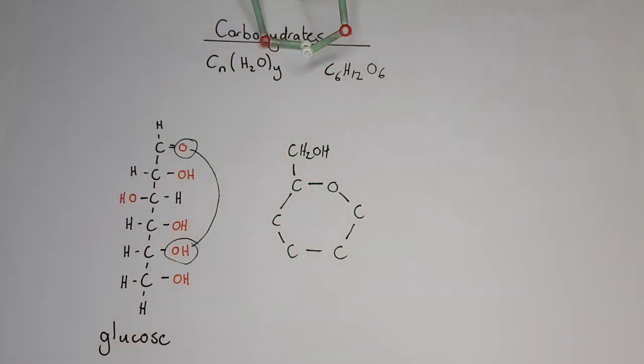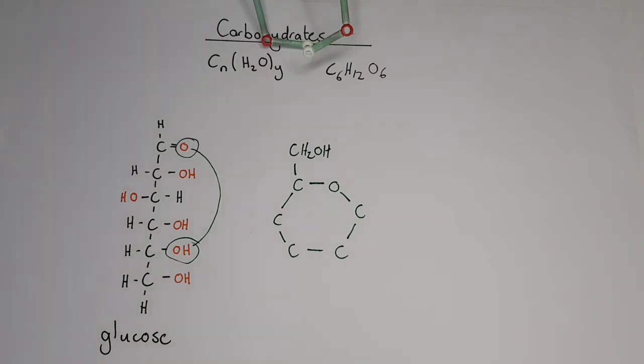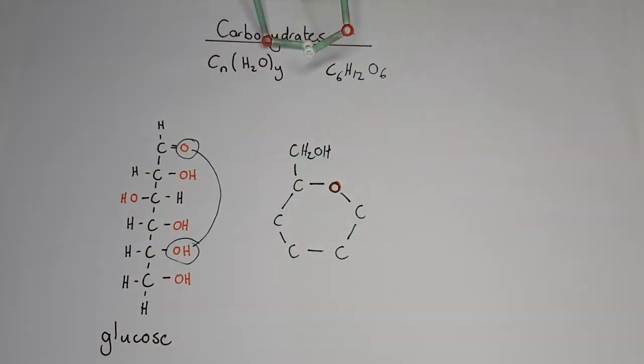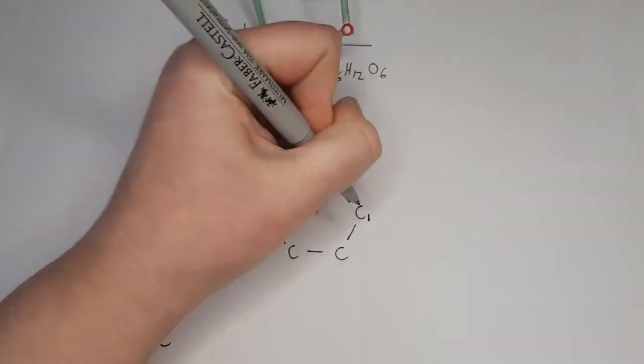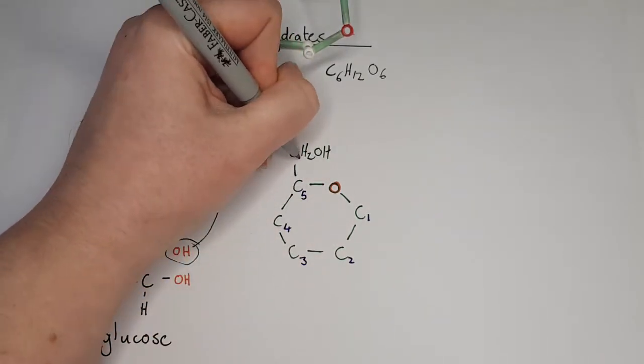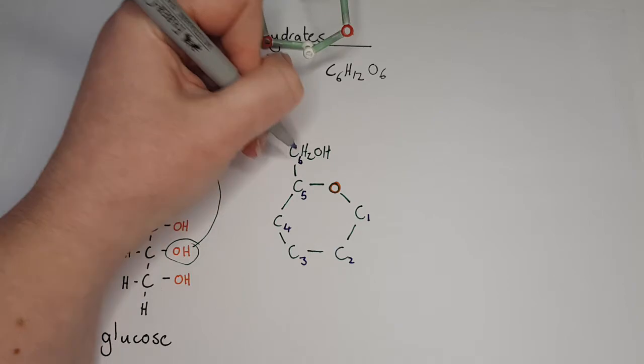So if we look between our carbon 5, you end up with this carbon ring shape, with the 6th carbon on the outside and an oxygen in the middle there. So we've got carbon 1, 2, 3, 4, 5, 6.